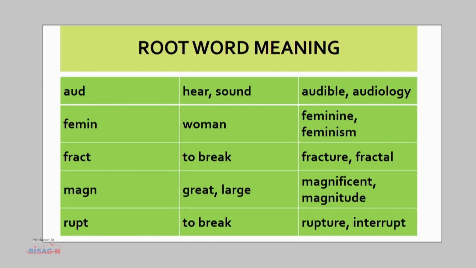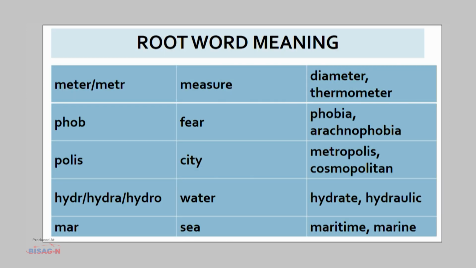Whenever you encounter a word with any of these roots, you will understand, oh, this word must have this kind of meaning. And then you can solve the MCQs in a much better way. So time and again you have to go back to the roots and understand the words.